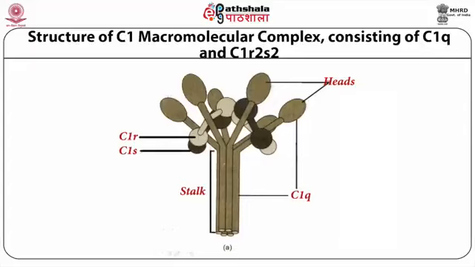C1Q itself consists of 18 polypeptide chains, in which 3 polypeptides A, B, C form a subunit. C1 is made up of 1 molecule of C1Q and 2 molecules each of C1R and C1S.